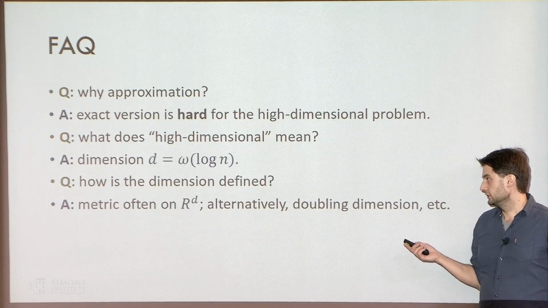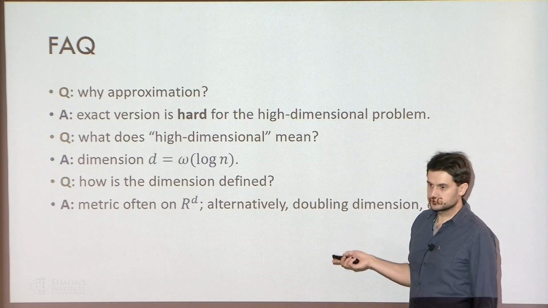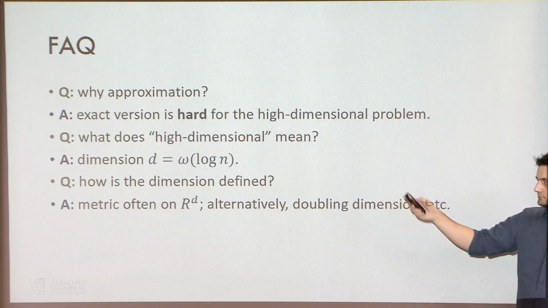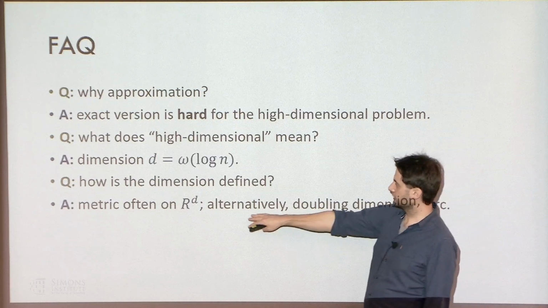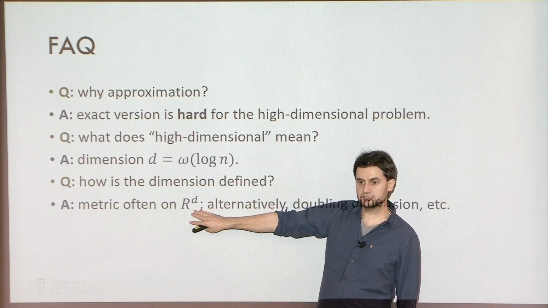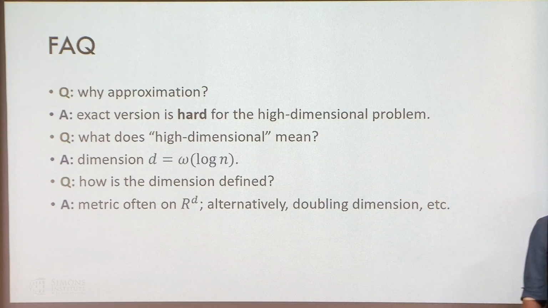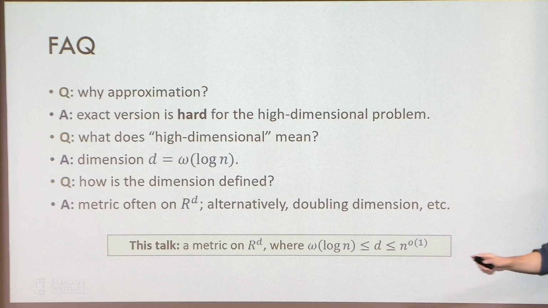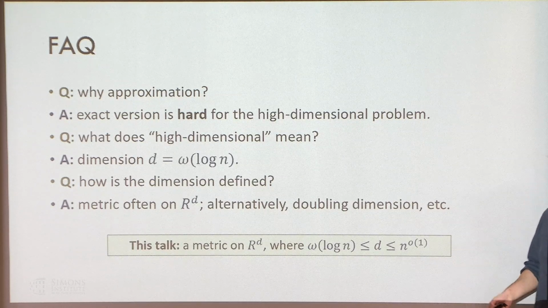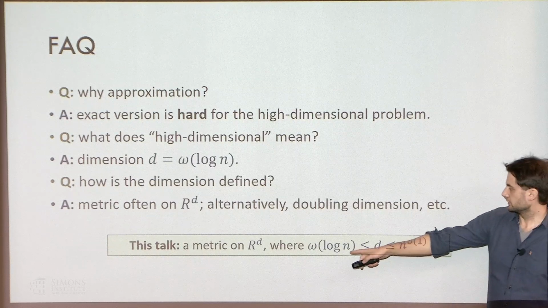First of all, for the rest of the talk pretty much, I'll talk about metrics defined on d-dimensional real space. But there are alternative notions of dimension, for example, the doubling dimension of a metric space and so forth. Here we'll talk about metric spaces on d-dimensional real space, and we'll think of dimension as being, again, a little bit more than logarithmic in n.